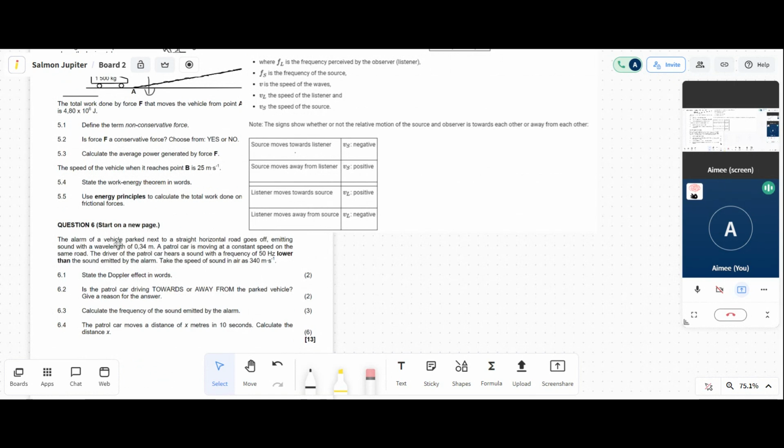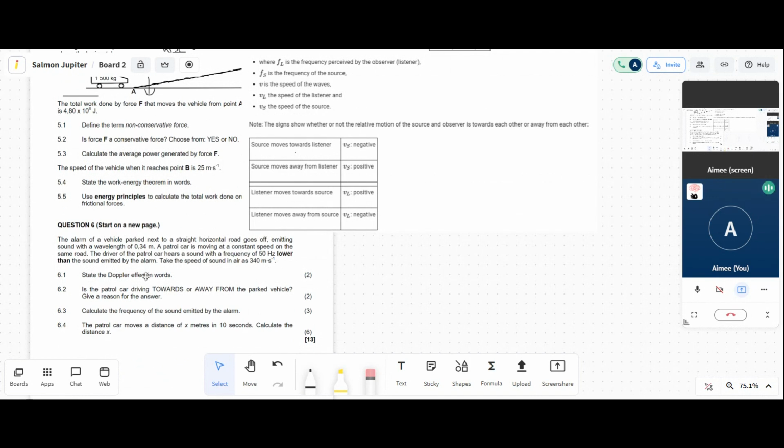So the vehicle with the alarm going off is the source, okay? A patrol car is moving at a constant speed on the same road. The driver of the patrol car hears the sound with a frequency that is 50 hertz lower than the sound emitted by the alarm.